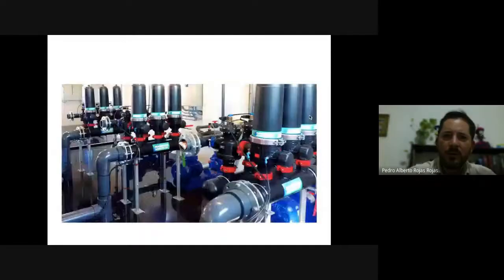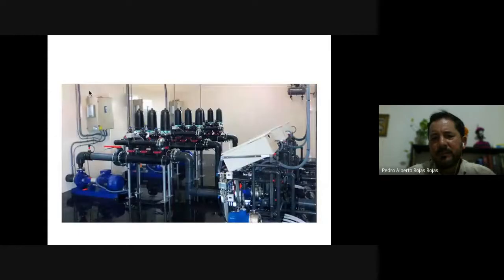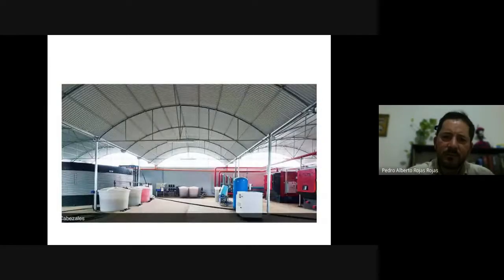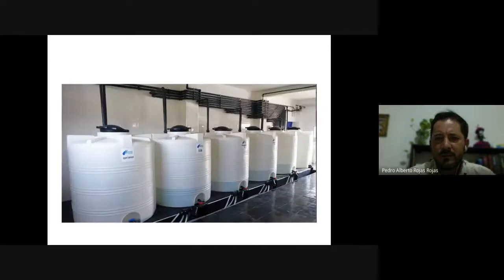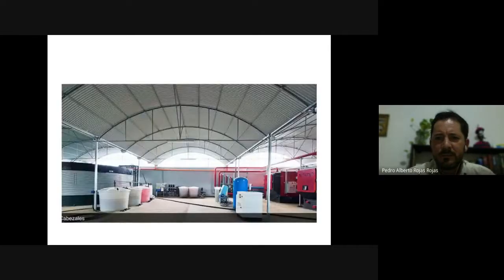And this is another view of the filter unit and the application of the fertilizer. Also, you can see in this image the storage of the fertilizer. This is the storage of water.